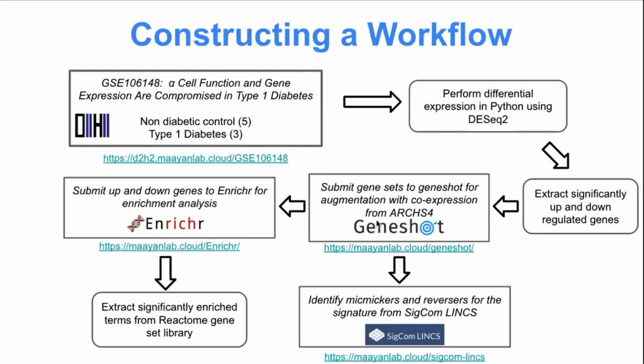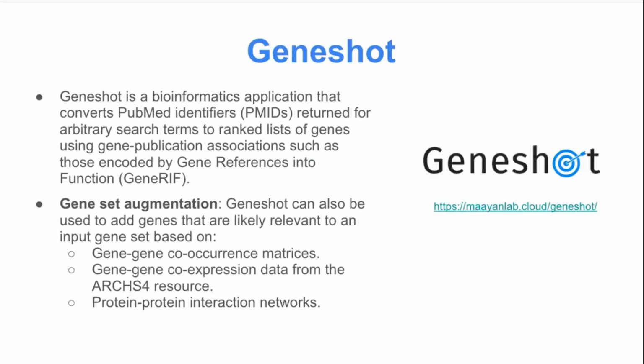And another thing that we can integrate into our workflow is submitting the gene sets to GeneShot for augmentation with co-expressed genes from ARCHS4. GeneShot is another one of the tools that the lab has created, and it's an application which converts PubMed identifiers or PMIDs returned for arbitrary search terms into a ranked list of genes using gene publication associations, such as those encoded in GeneRIF, which is the Gene Reference Into Function.